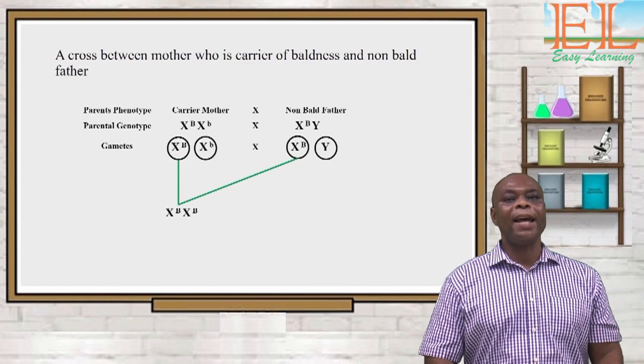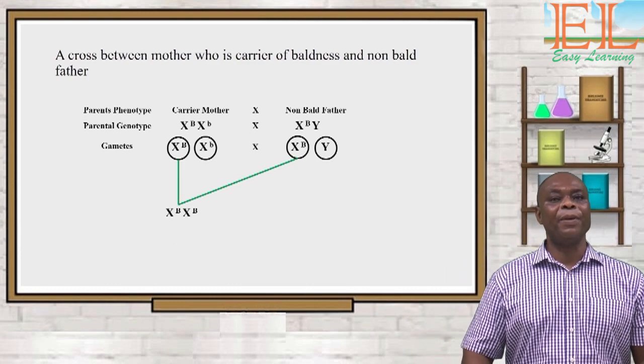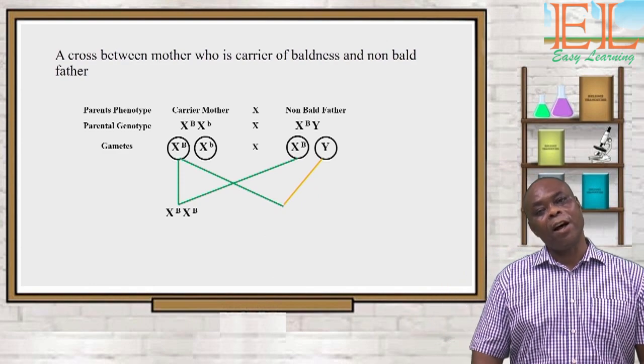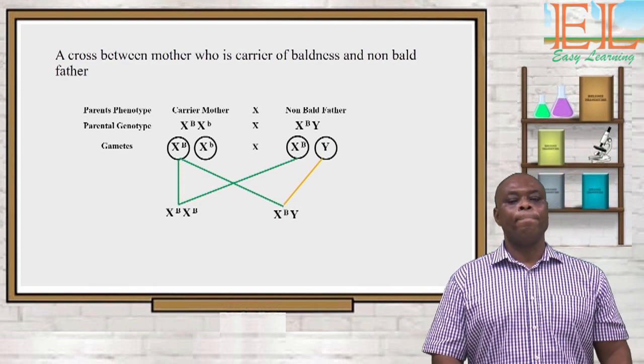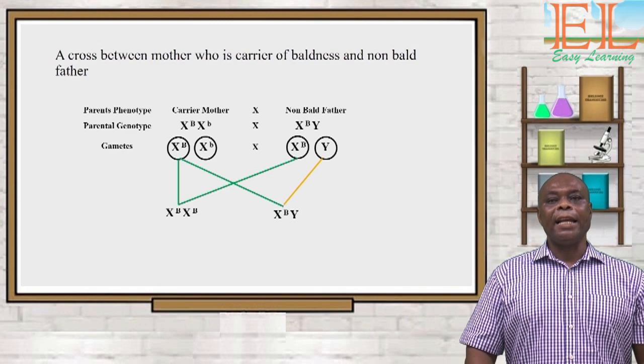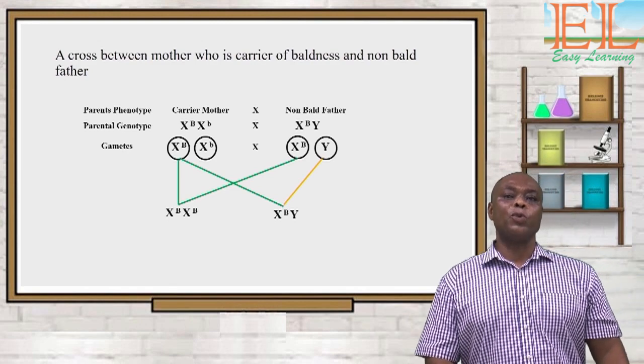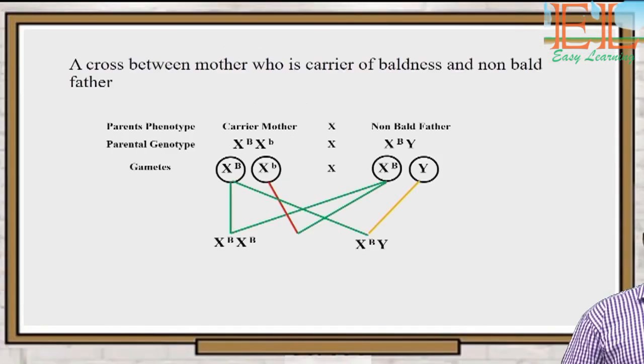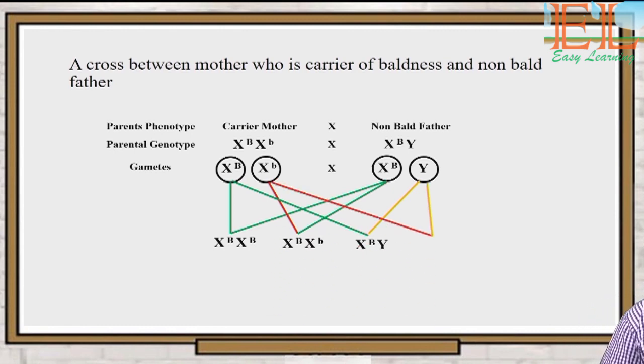Again, when the mother's X that carries capital B takes the Y of the father, we'll have X capital B and Y. Then secondly, the mother's X with small b takes the father's X with capital B. We'll have X capital B, X small b. Then finally, the X small b takes the Y, which will be X small b and Y.